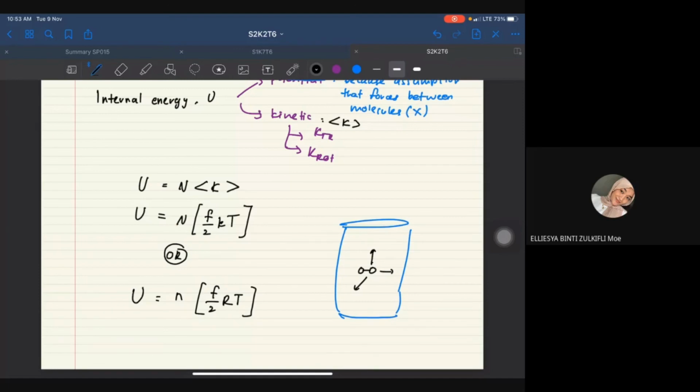Ada, sir. Okay. L, saya nak tanya pendapat kamu. Katakan kita ada molekul semacam ni, kita nak kira dia punya linear energy, kita pakai formula apa?